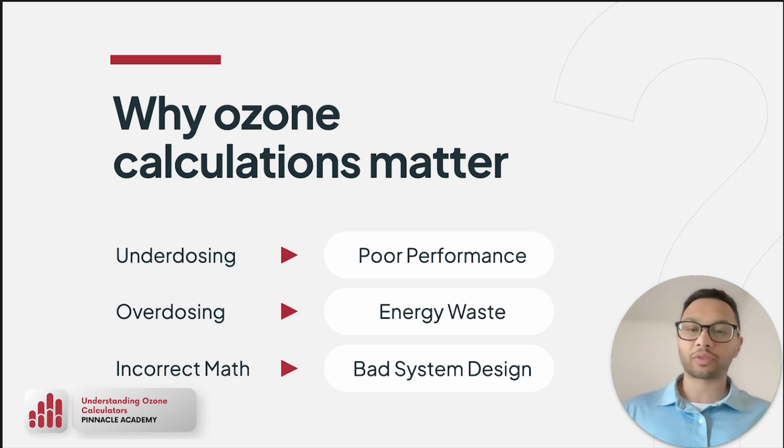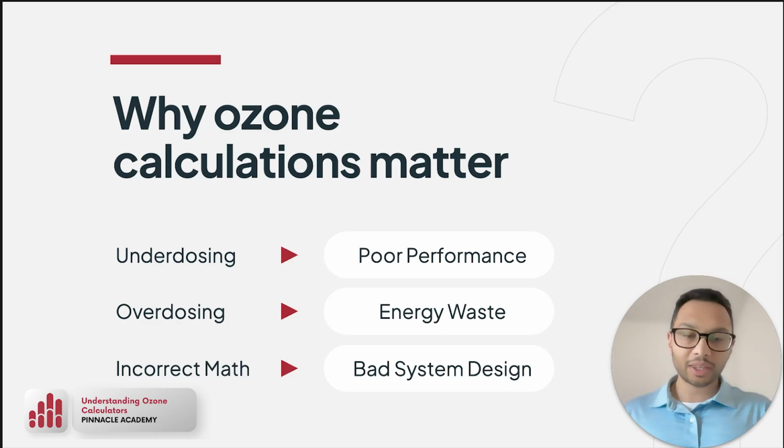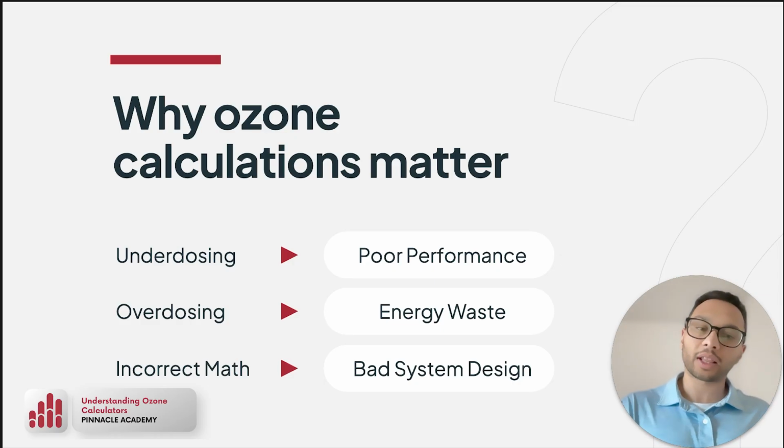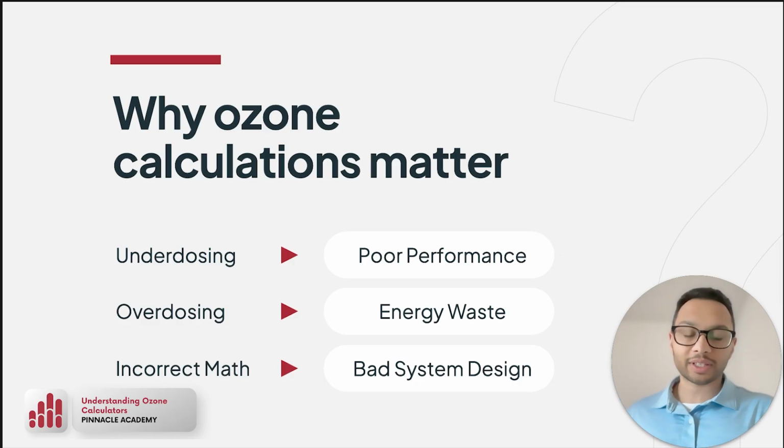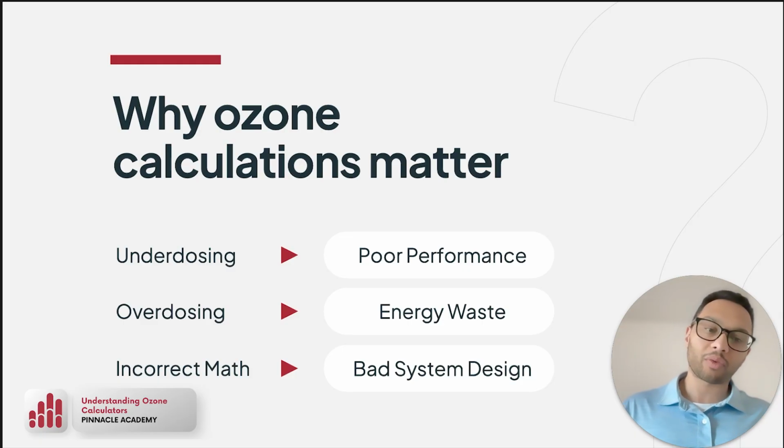These define everything from system sizing, performance, energy consumption, and ultimately whether the system works or not. If you get these wrong, you either undersize the system and fail at performance, or you oversize the system and then you have waste of capital and energy.